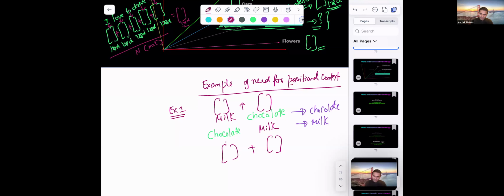That's what we mean by positional context: I need to know that milk came before chocolate, or chocolate came before milk, for me to understand what the embedding of a sentence should be. By just averaging the words, I might just capture the overall understanding: there's milk in this object and there is chocolate in this object, but I don't know if it's actually milk chocolate or chocolate milk.